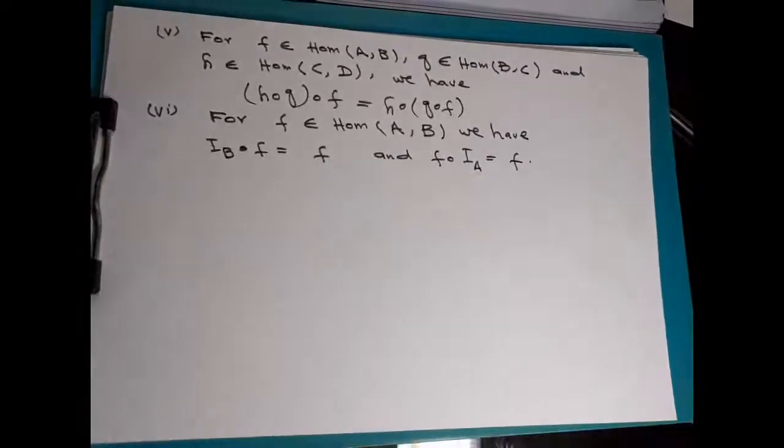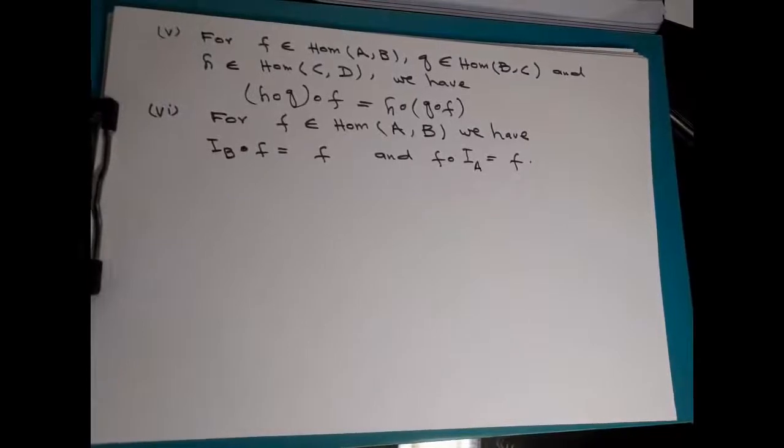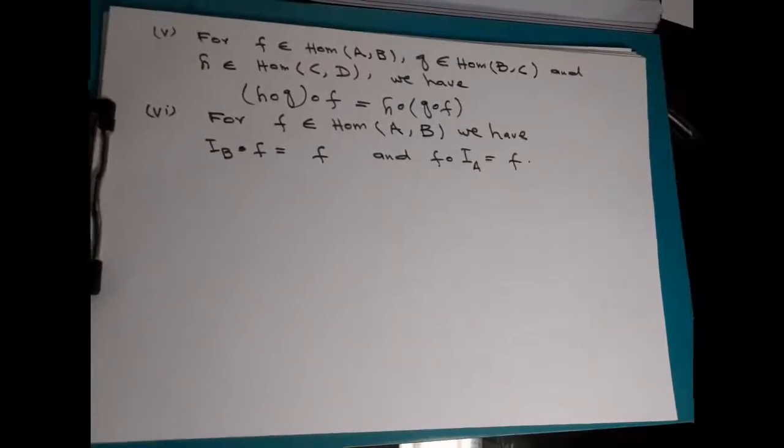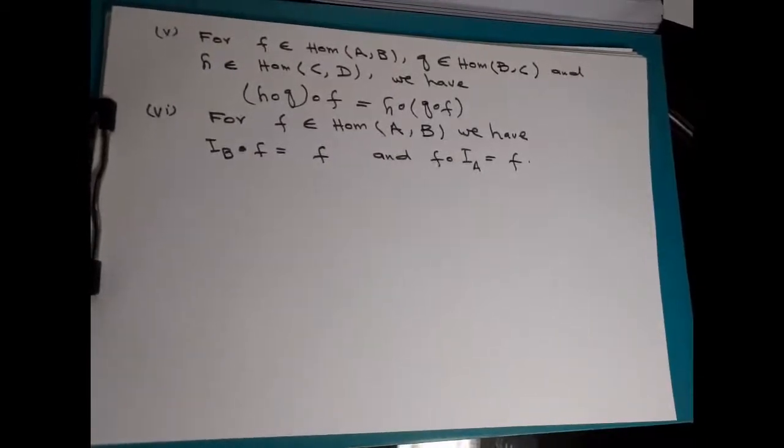That is, when the function f is composed with the identity of the set in the domain, the result is f, and when a function is composed with the identity function of the set in the codomain, the result is again the same function f.